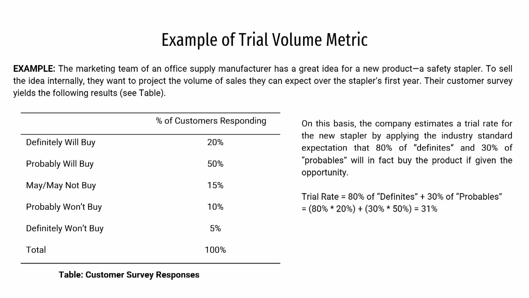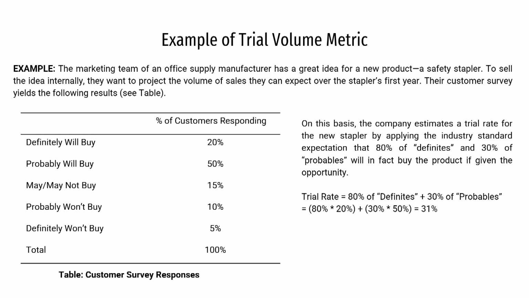We will look into this matrix with the help of some examples. The marketing team of an office supply manufacturer has a great idea for a new product, a safety stapler. To sell the idea internally, they want to project the volume of sales they can expect over the stapler's first year.